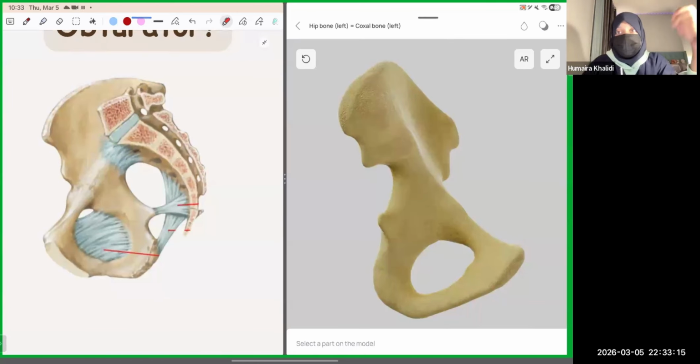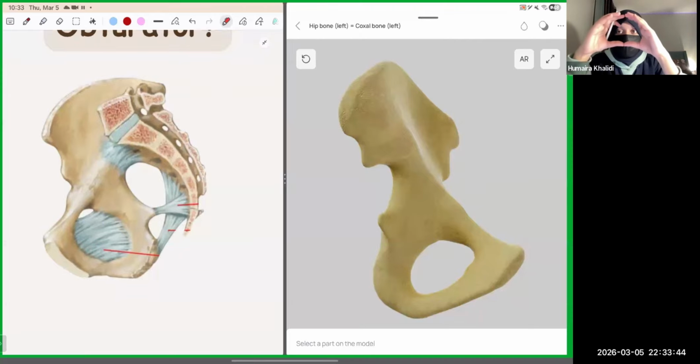Now, what's important about the obturator membrane is it's something that was formed with birth. As in before you were born, this wasn't there. You get what I mean? Anyways, that's not important. What's important is you have the obturator membrane, which is covering half of the obturator foramen.